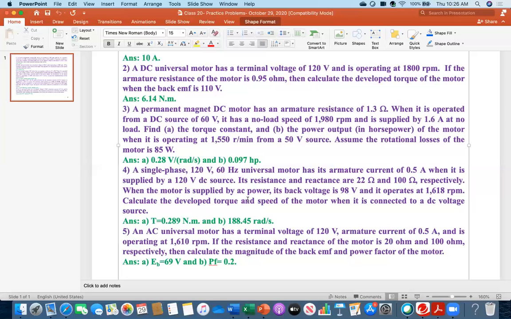That's what it says the current is. Can we just use that 22 ohm resistance value? Yes, of course. So that 22 ohms is the armature resistance then. Yes, exactly. That's basically the series field resistance. Okay, all right, thank you. Please keep trying.